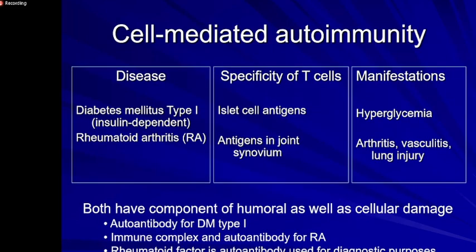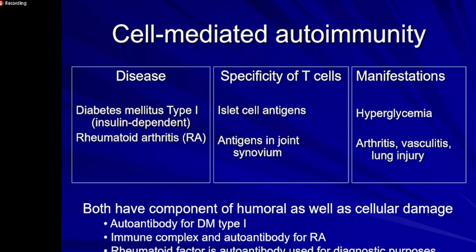There are a number of what we call cell-mediated autoimmune diseases, specifically, and we've been able to identify the specific T cells. Diabetes is one of them, and rheumatoid arthritis. We think these two are a result of cell-mediated autoimmune disease.